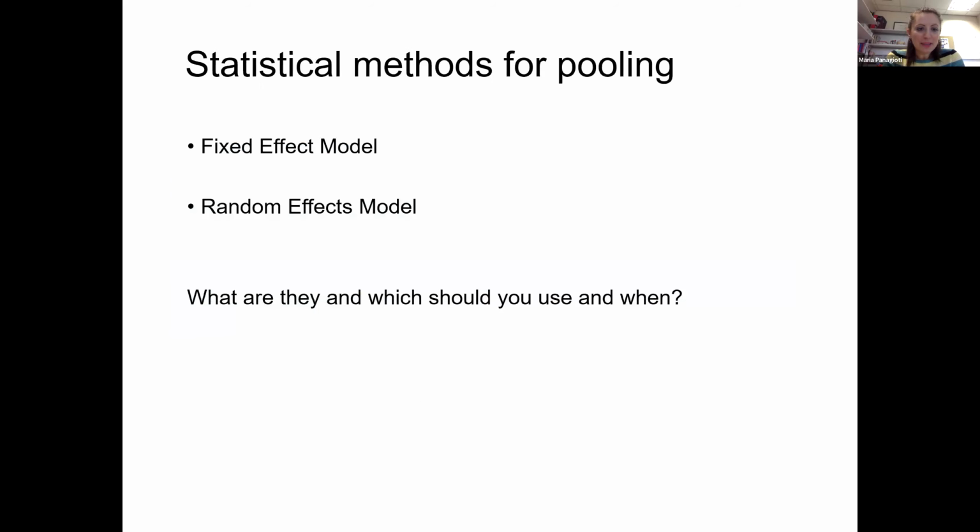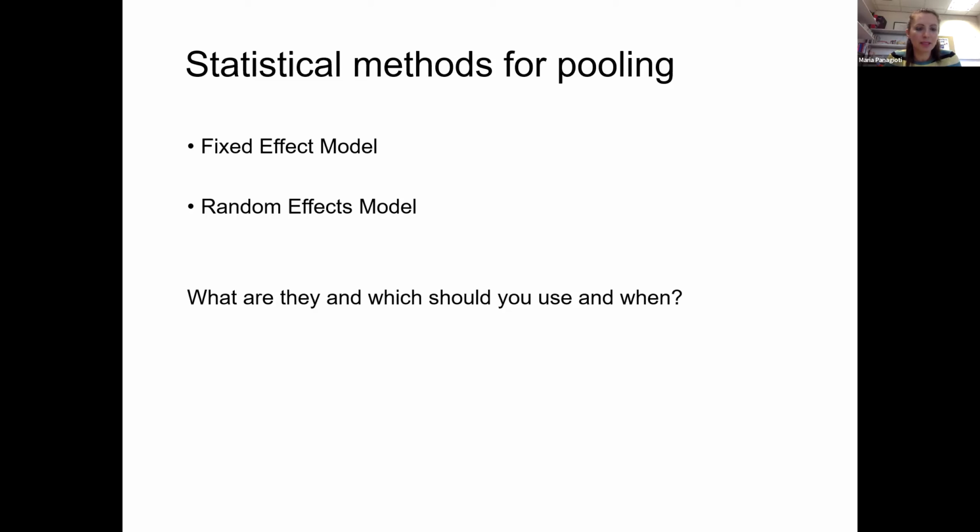Next slide, please. And as I said, there are different ways of dealing with heterogeneity. One way is adapting the model that you're using for pooling the results. Broadly, there are two different models. The first is the fixed effect model. This means that in your model, you assume no heterogeneity. You assume that your pooled effect is the summary of the individual effects of each study.